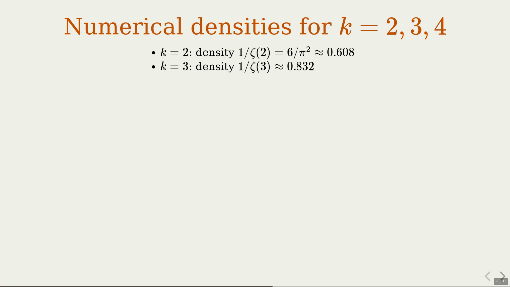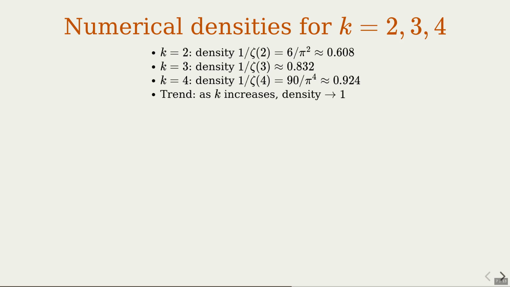For k equals 3, the density is around 0.832, so more than 80% of integers are cube-free. That is a big jump from 60 to over 80% just by moving from squares to cubes. At k equals 4, the density is about 0.924, so more than 90% of integers are fourth power free.